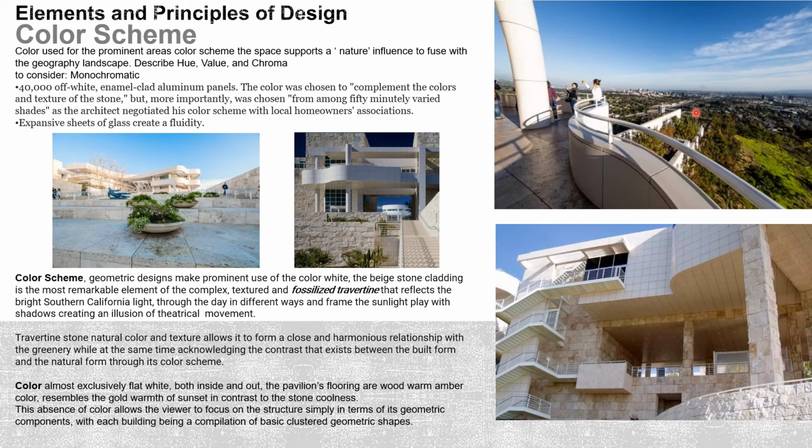In the pavilions, we can see a wood which is like a warm amber, which reflects the sunrise and the sunset of Southern California. And at the same time, all the buildings are framing the light, how the light navigates the different empty spaces and the walls. It's characterized by very high vertical walls, but also the whole compound is quite built up, clustered on a horizontal axis as well.